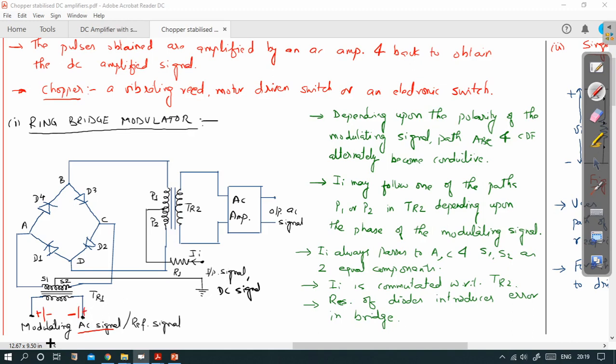This is the modulating signal which will be used to modulate the input DC signal. So this is the DC input signal, and the modulating signal will be used to modify it into an AC signal. Let us see how this operates.